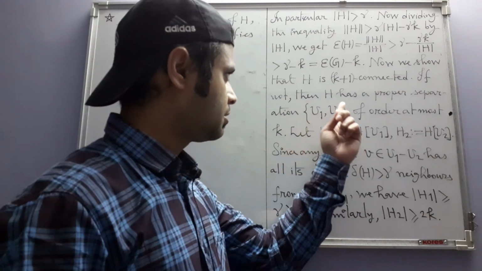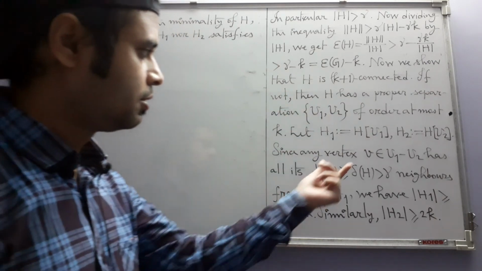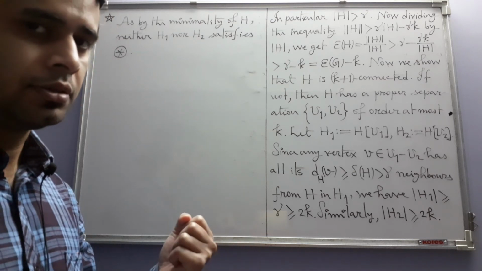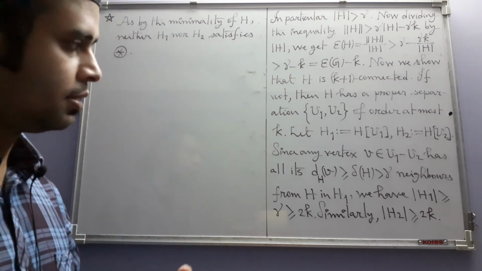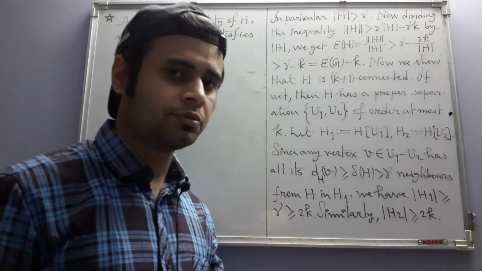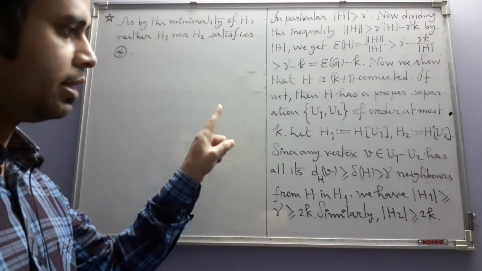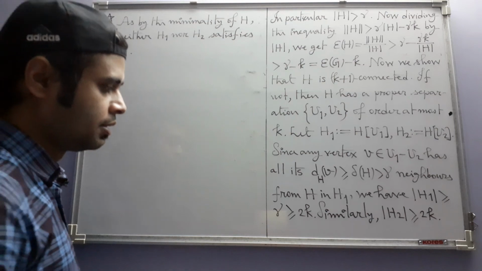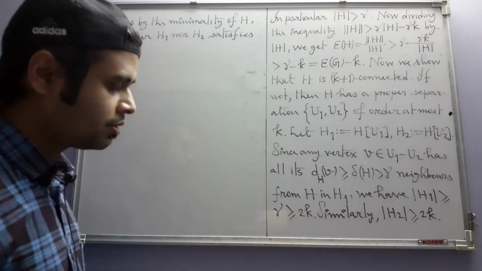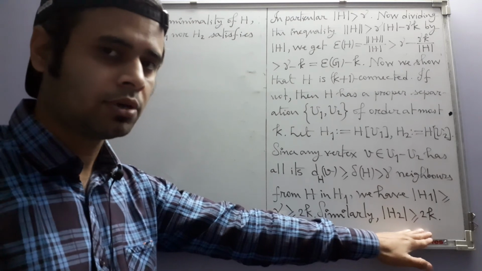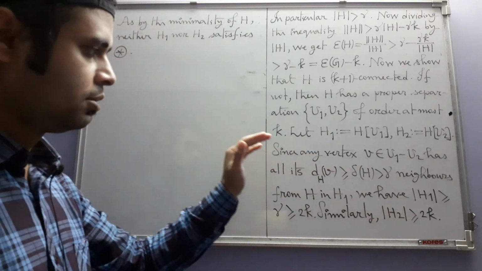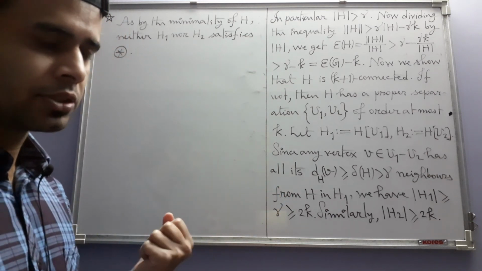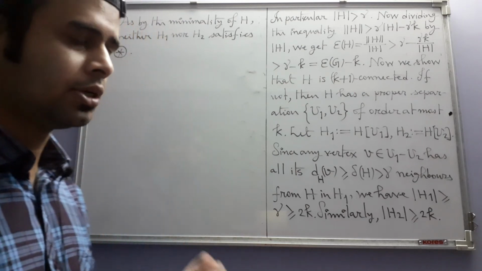Because this is a proper separation, so H1 and H2 are both proper subgraphs of H. So they are smaller than H, but H is the minimal subgraph in terms of order of G that satisfies star. So H1 and H2, none of them can satisfy star, but both of them are already satisfying the first inequality in star. So that means we are left with only one possibility, that none of them satisfies the second inequality.